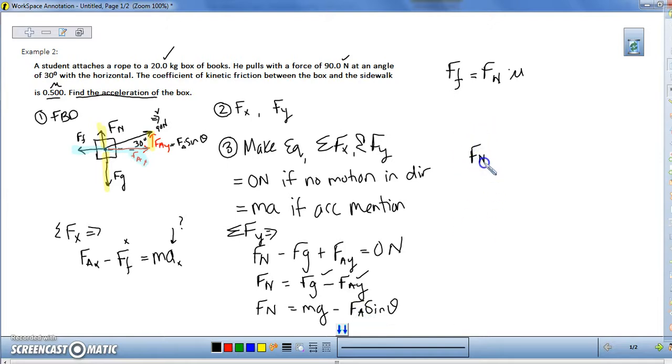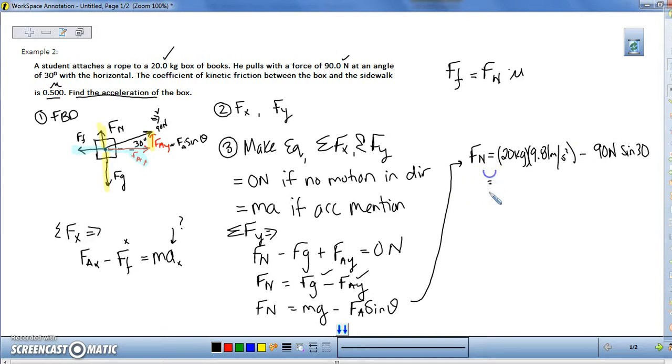So force normal is going to equal, so I'll just make an arrow right here, the 20 kilograms times 9.81 minus the force applied, 90, times sine 30.